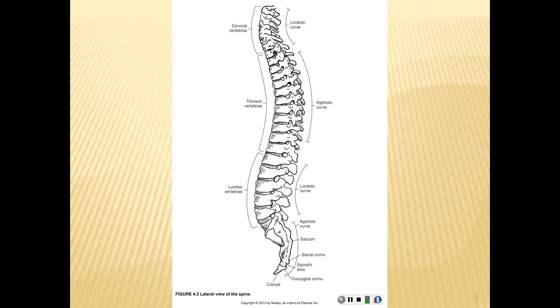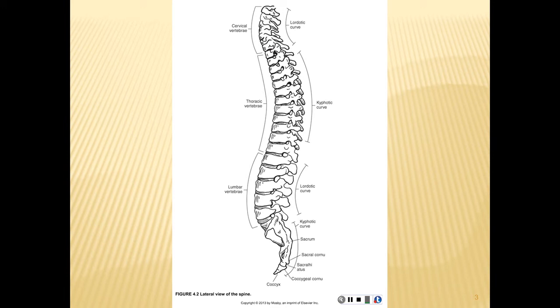Located posteriorly is the ring-like arch that attaches to the sides of the body, creating a space called the vertebral foramen. The two pedicles project from the body to meet with two laminae, which continue posteriorly immediately to form a spinous process. The transverse processes project laterally. On the upper and lower surface of the pedicles is a concave surface termed the vertebral notch.